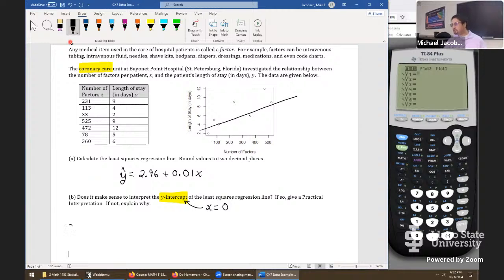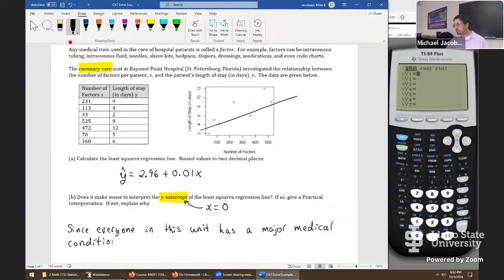Let's say here, since everyone in this hospital, or let's say in this unit, referring to the coronary care unit, has a major medical condition, we expect everyone to have many factors.